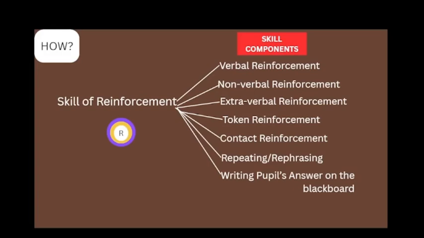So, coming to our practice, how do we practice the skill of reinforcement?